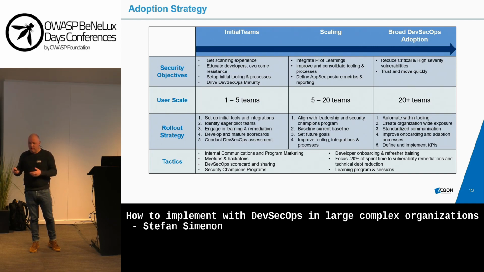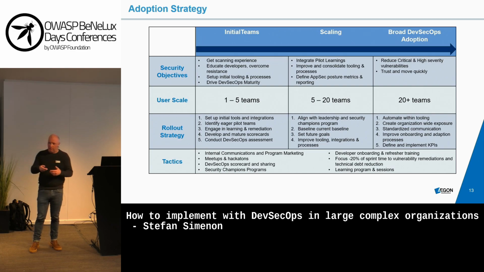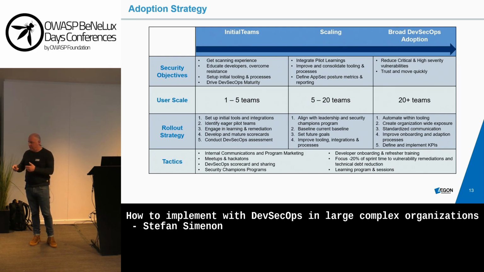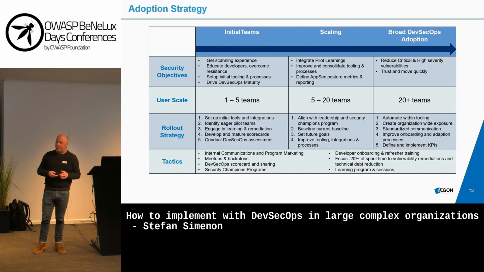So it's also a risk that once you start a program, that teams might be interested. So many teams will be interested to join such kind of program. But if you onboard too many teams at an early stage, then you have a risk on failures and a risk on management buy-in.